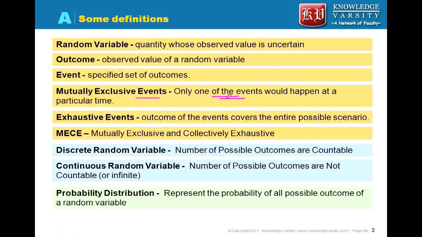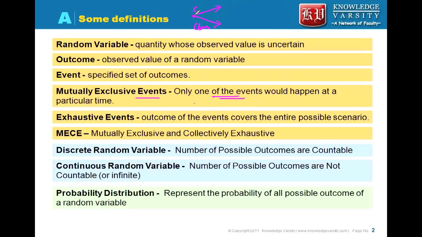Your presence in a cinema hall is a mutually exclusive event, because either you are in class or you are in the cinema hall; you cannot be present in both places. So in probability, mutually exclusive events means only one event is happening at a particular time. So what we say is these are mutually exclusive.